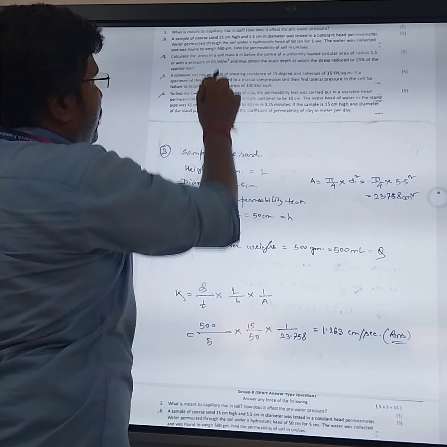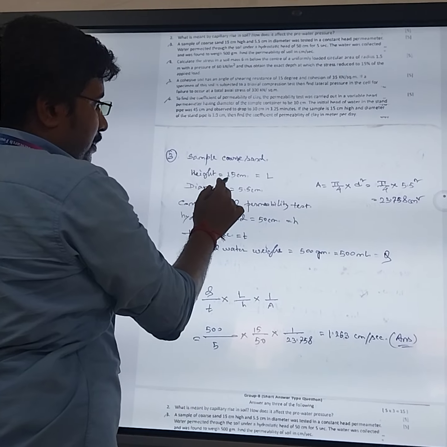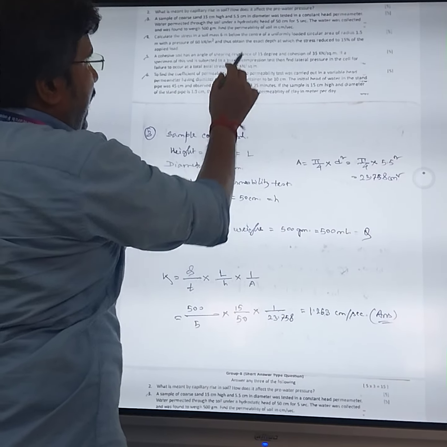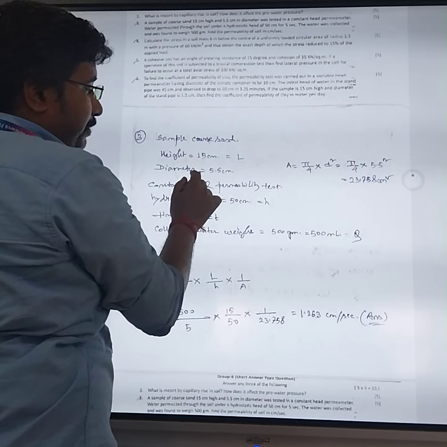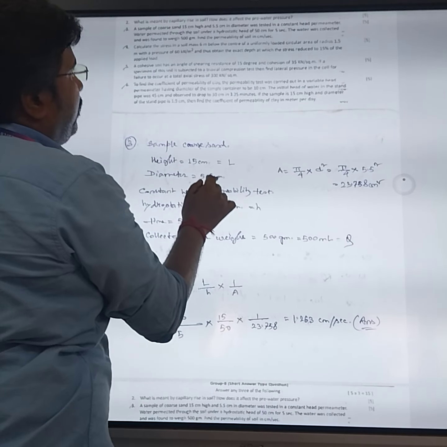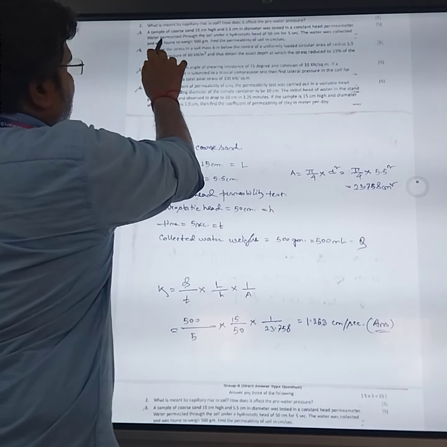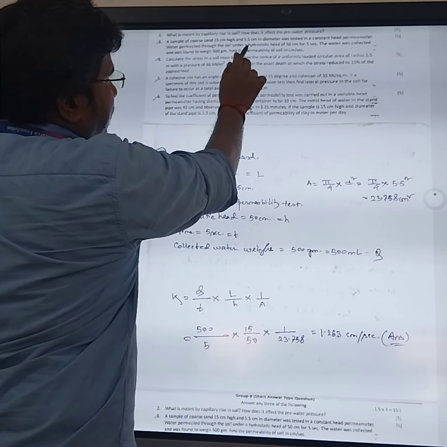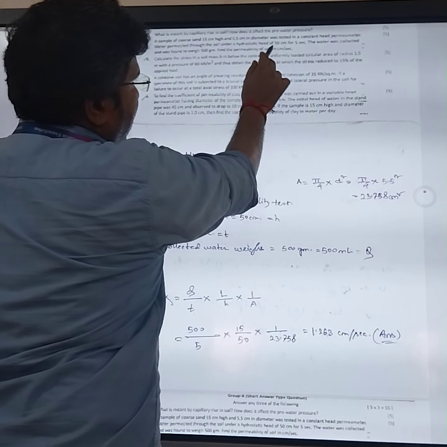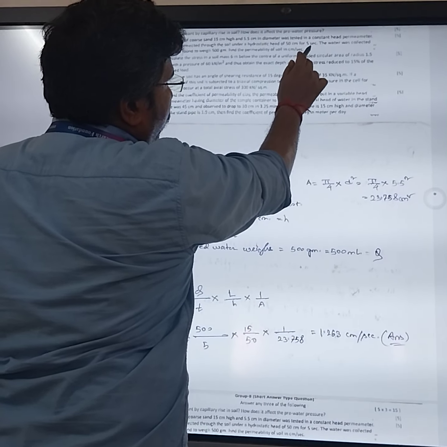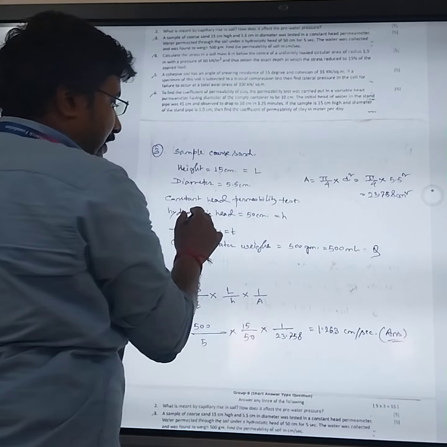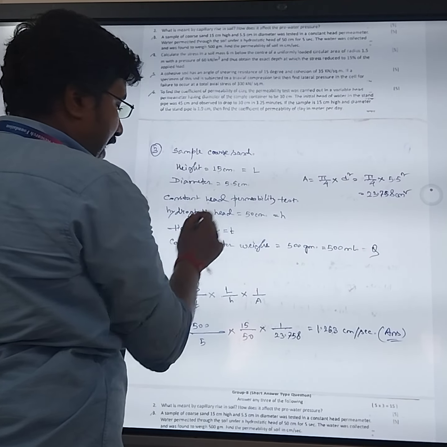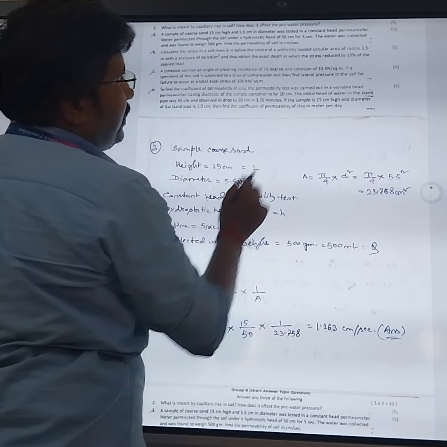For this test, the sample height is 15 cm, denoted by capital L, and the diameter of that sample is 5.5 cm. Water permeated through the soil under a hydrostatic head of 50 cm for 5 seconds. So the hydrostatic head is 50 cm, denoted by small h, and time t is 5 seconds.